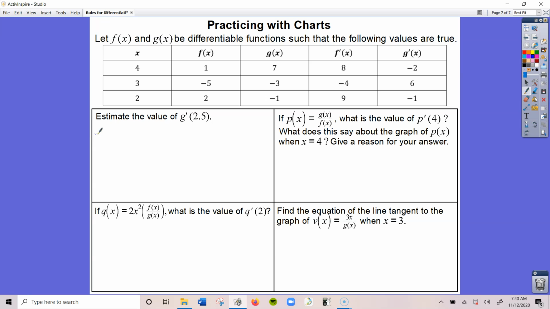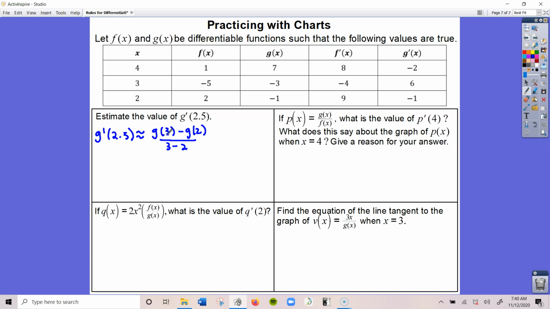So if I wanted to estimate the value of g prime of 2.5, remember when we are estimating, we need to use a point to the left and a point to the right of 2.5. So that means I'm going to use x equals 2 and x equals 3. So this is going to be g of 3 minus g of 2 over 3 minus 2. Remember, when we're estimating a derivative, what we're doing is we're finding the slope.